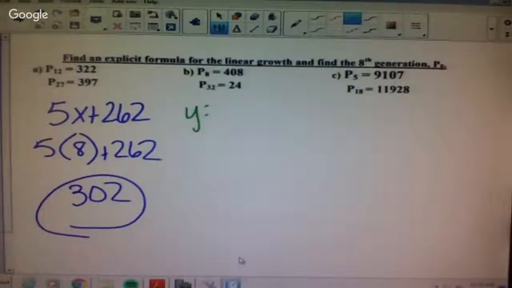I just don't know how you got it. Like, I know how to do P sub 5, that's gonna be put in first. That's gonna be your L1, and then 9107 is gonna be your L2. That's all we need.